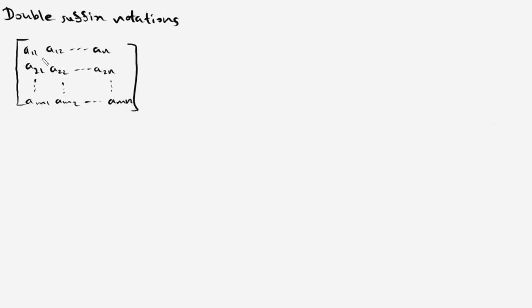So let's take some arbitrary element, something like this: a22. This a22 means the element of the second row and second column.